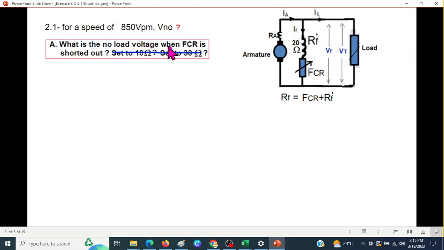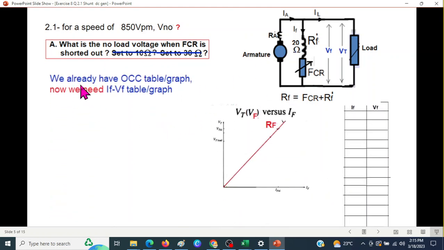What is the no load voltage when the FCR is shorted out? So short circuit. We already have the OCC table. Now all we need is the IF-VF graph. This graph we need of all.